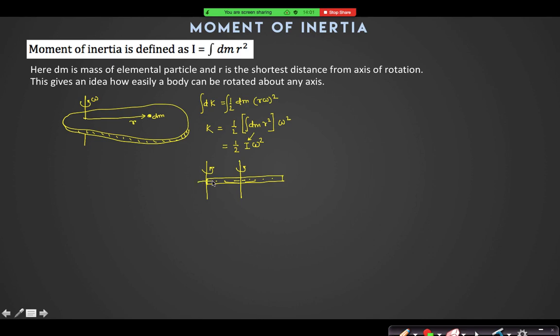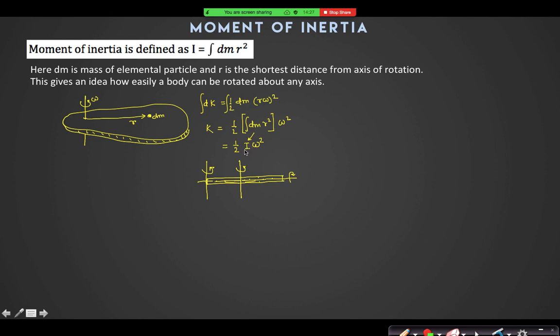And the same pen, if you rotate it about this other axis of rotation, you will find it is again much easier than the previous one, because the masses are very close to the axis of rotation now. So if the masses are close, then the integration of dm r square will be small and the energy will be less. Otherwise, if masses are distributed away, you will find the energy more, right?